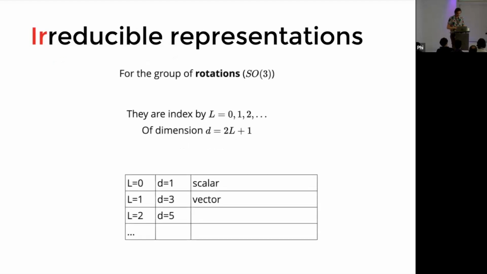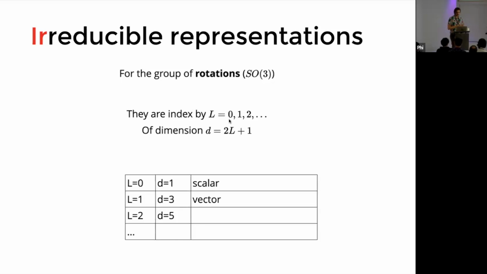And they are known. For each group, you can find some math book that will tell you what the irreducible representations of that group are. Let me tell you which are the irreducible representations of rotations. They are indexed by integers, 0, 1, 2, 3, 4, and so on.